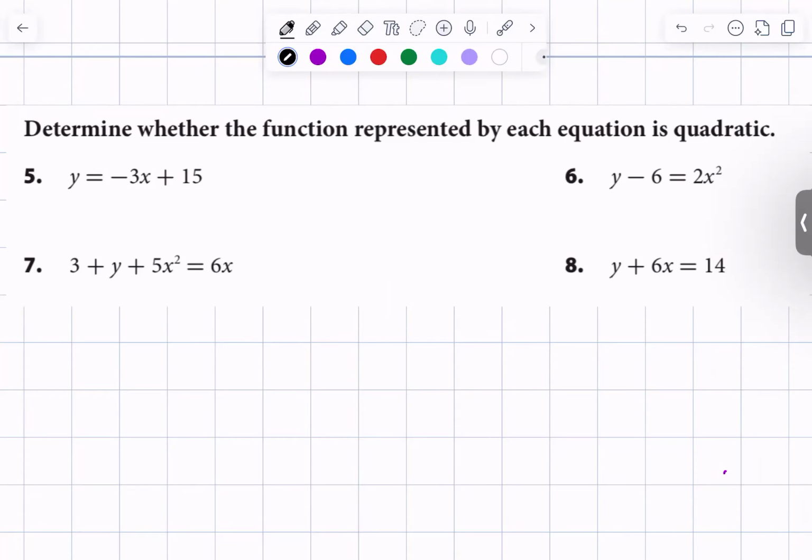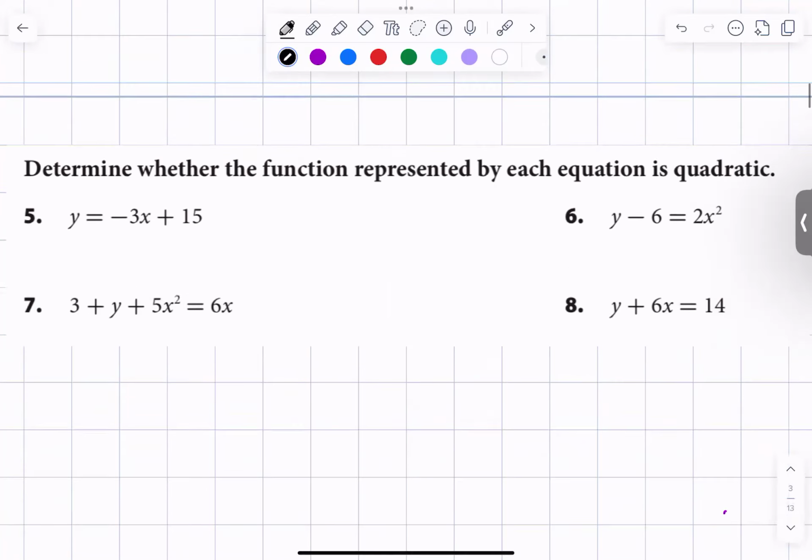Okay? So number 5, y equals negative 3x plus 15. This degree is 1 because this has a power of 1. So it's a no. That's not a quadratic. If I graphed it out, what would it be?